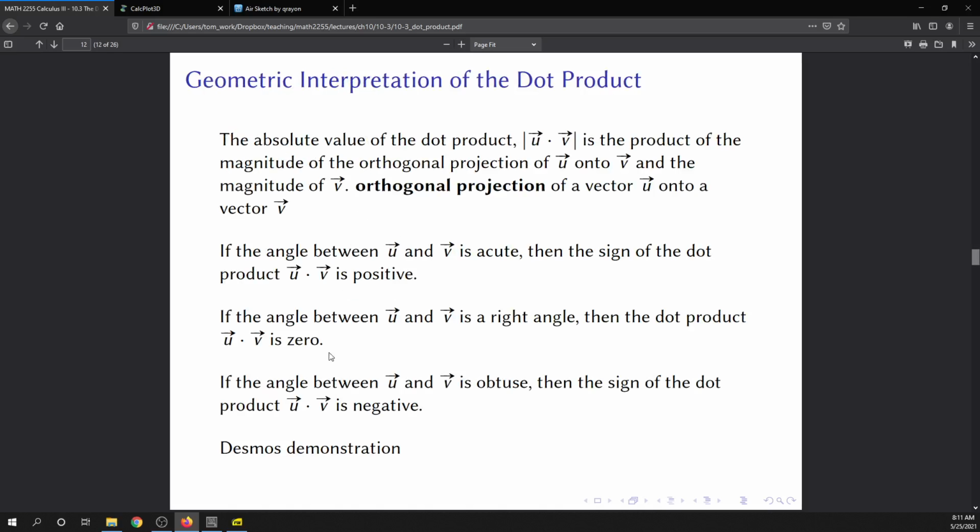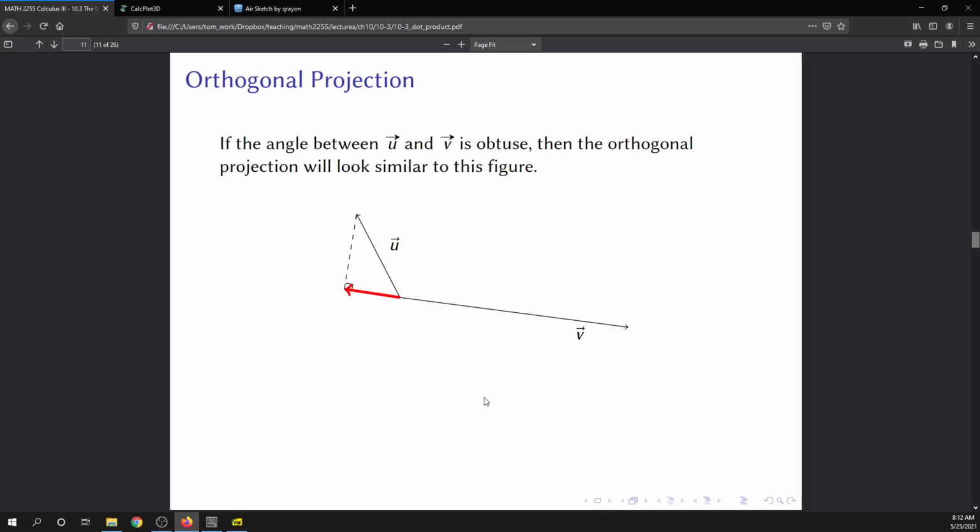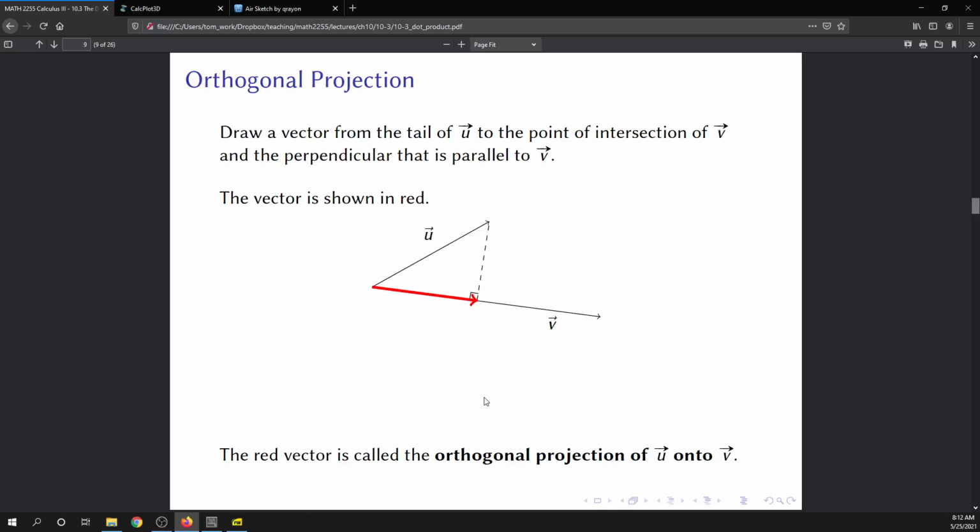If the angle between vector u and vector v is a right angle, then the dot product of the two vectors is going to be 0, which we already saw. If the angle between u and v is obtuse, then the sign of the dot product is going to be negative, like this over here.